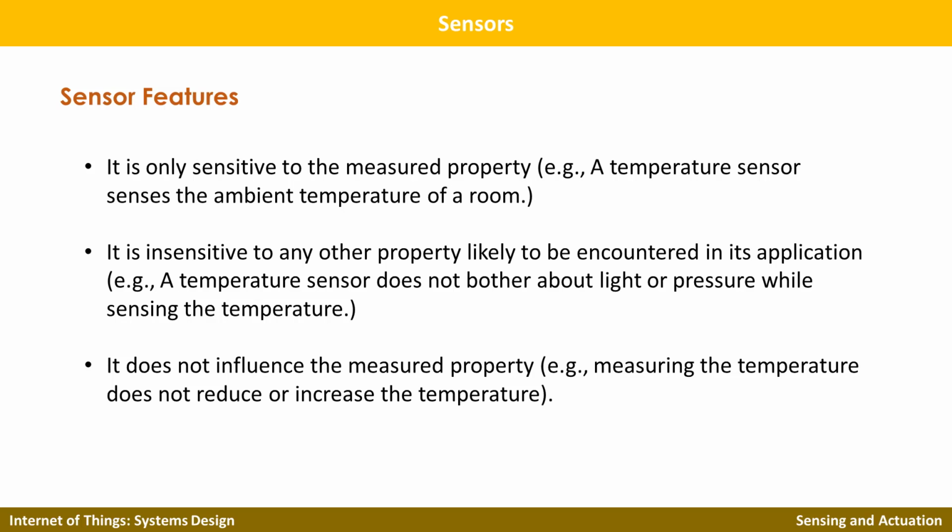For example, the temperature sensor does not bother about the light or the pressure while sensing the temperature. It does not influence the measurements. So measuring the temperature does not reduce or increase the temperature. These are the primary features of a sensor.